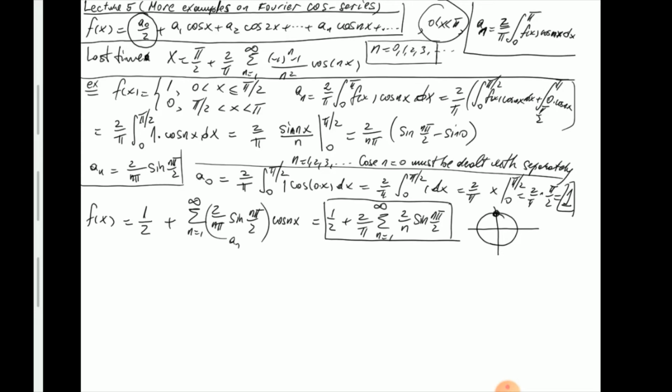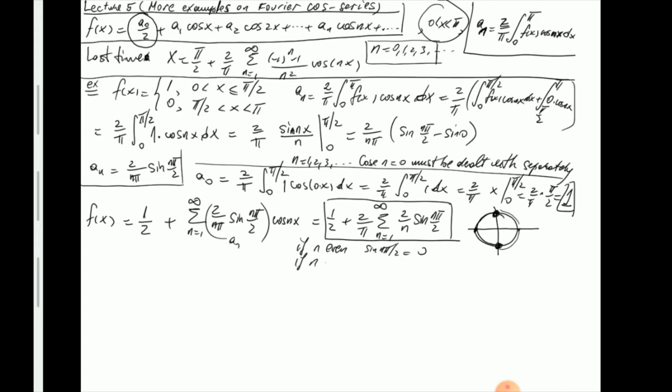So n equals 1 means sine of pi over 2, n equals 2 means sine of pi, 3 means 3 pi over 2, and then again 2 pi, and so on. So even multiples of pi over 2 will be 0.